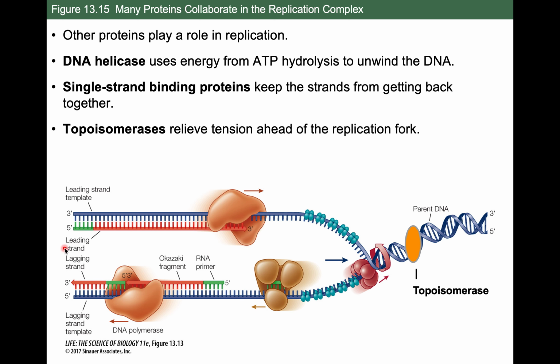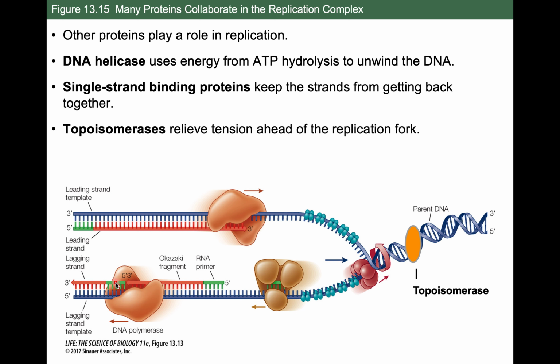And you can see, if we look in the middle of the fork here, as we first unzip these two strands, primase came in, and you can see it laid down a primer here in green on the top, complementary to the top strand, and it laid down a primer here in green, complementary to the bottom strand.